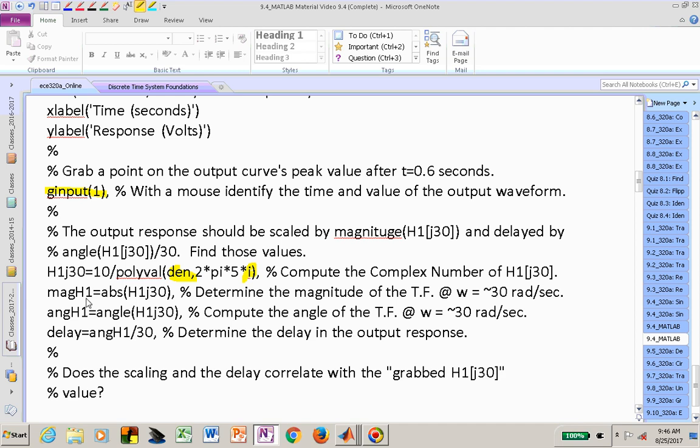Then I can find the absolute magnitude by taking the absolute value, and if I wanted to, I could find that in dB, but I can now convert that dB from the Bode plot into this absolute magnitude, and I can also convert the angle into a delay by dividing by 30.